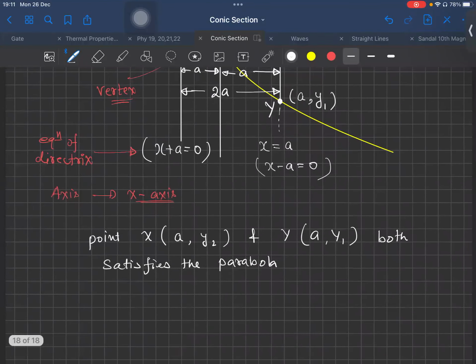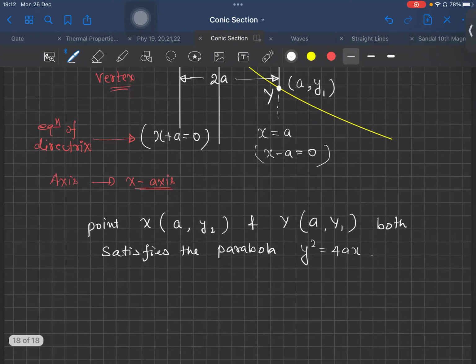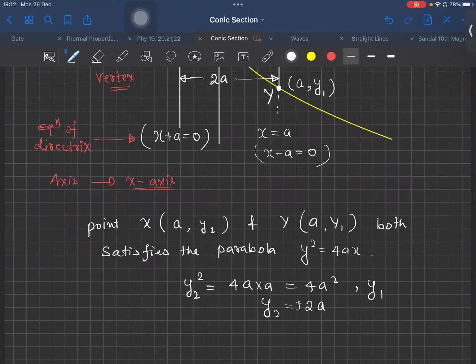Now, if both satisfy the parabola y square is equal to 4ax, we can plug the values of x and y here. So y2 square will be equal to 4a into a, that means 4a square. So y2, how much are you getting? y2 can be equal to plus or minus 2a. Similarly, y1 also you will get plus or minus 2a.